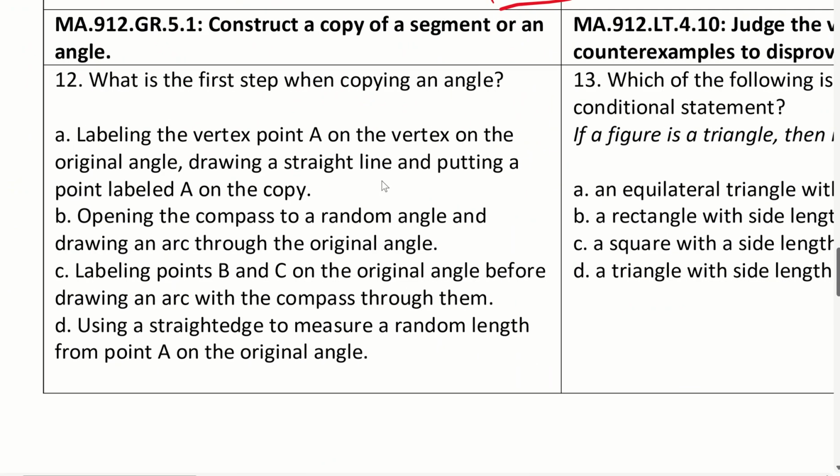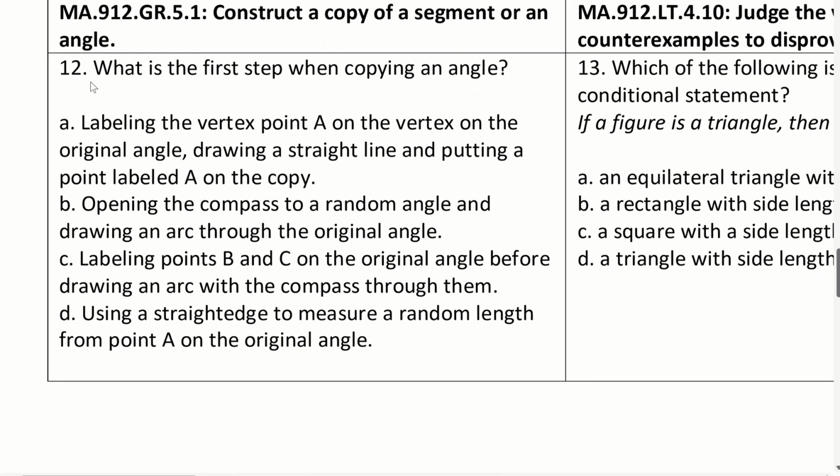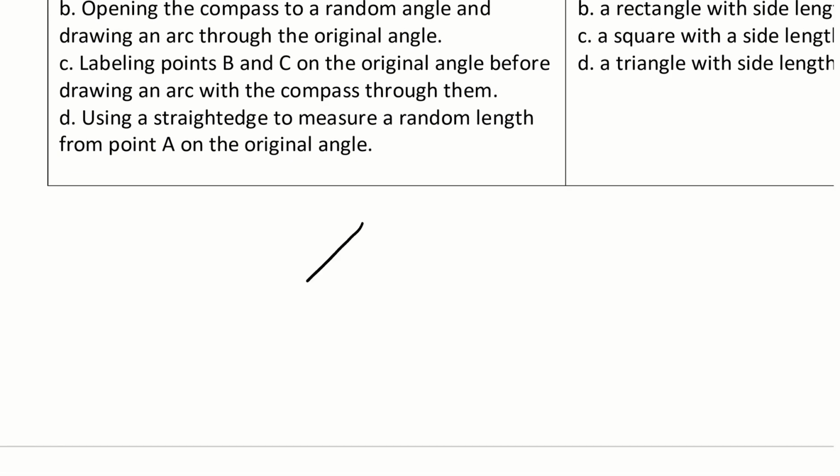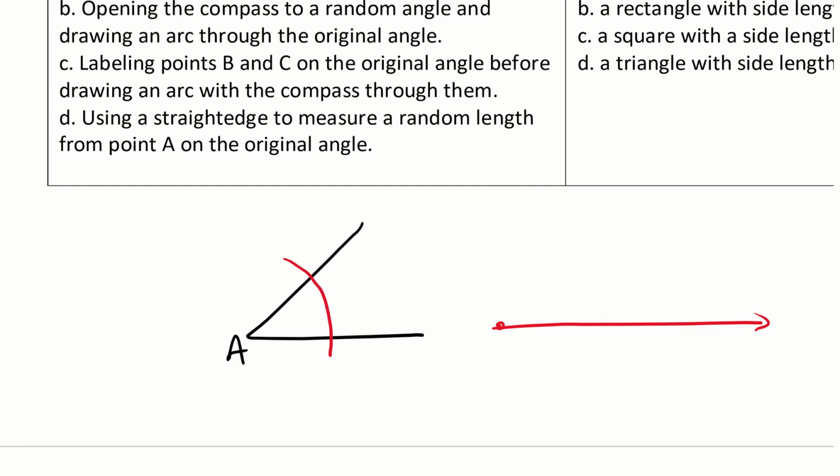Okay, so number 12, construct a copy of a segment or an angle. So what is the first step when copying an angle? When you're copying an angle, you remember that the first thing you're going to want to do is draw a ray with a straight edge. Next, you're going to draw an arc through there, which we'll call B and C, and through here, which I'll call D. Next, you're going to want to take the compass and measure from there to there.